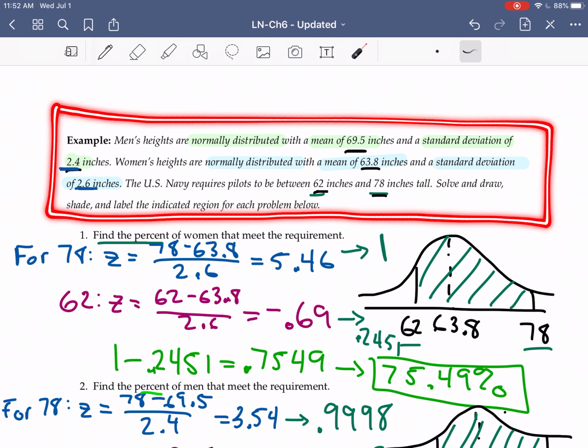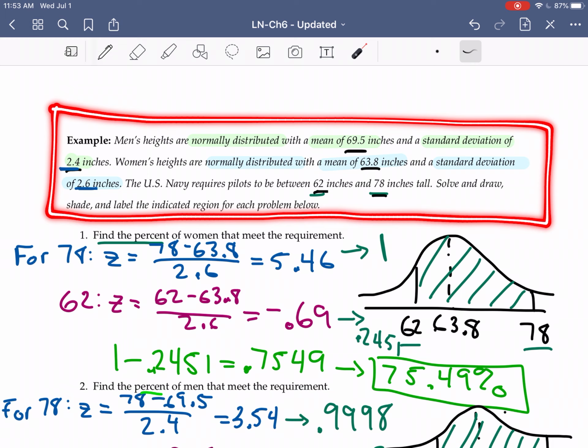Men's heights are normally distributed with a mean of 69.5 and a standard deviation of 2.4. Women's heights are normally distributed with a mean of 63.8 and a standard deviation of 2.6. The U.S. Navy requires pilots to have heights between 62 and 78 inches. We're going to solve, draw, shade, and label the indicated region for each of these.